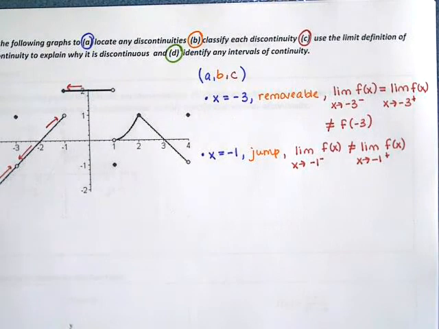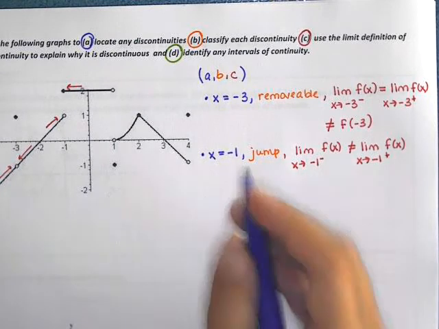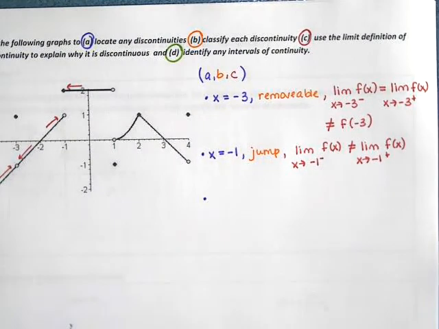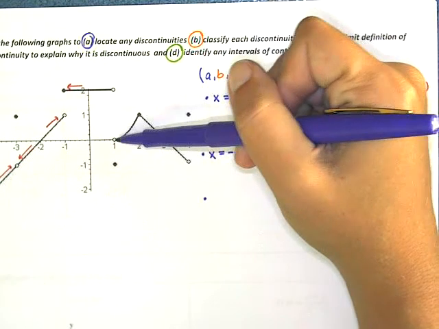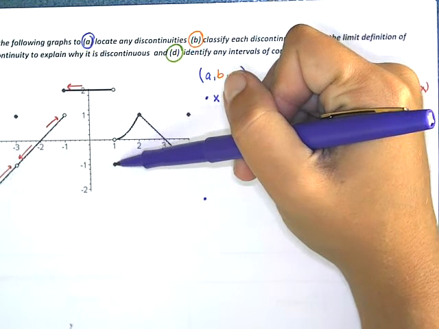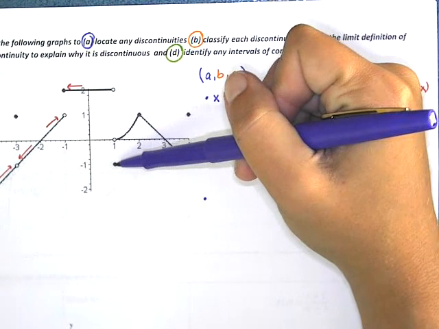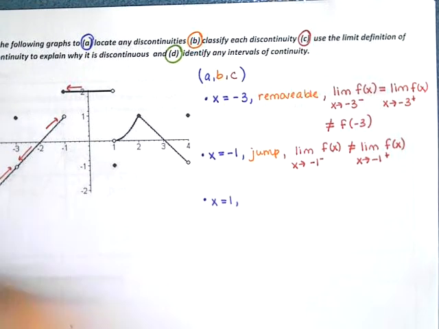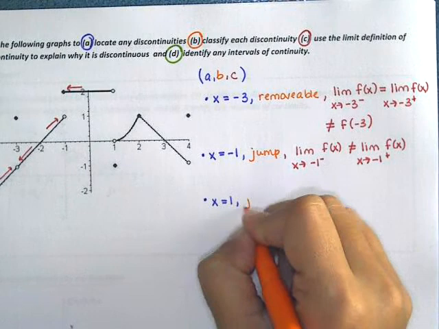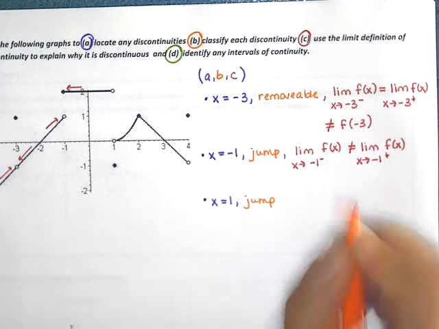If I continue to move along this graph, the next place where there is a discontinuity would be at +1. Here we have a jump and a third point, which is the actual function value down here. So here we would say x equals 1 has a discontinuity. Again, this would be a jump.